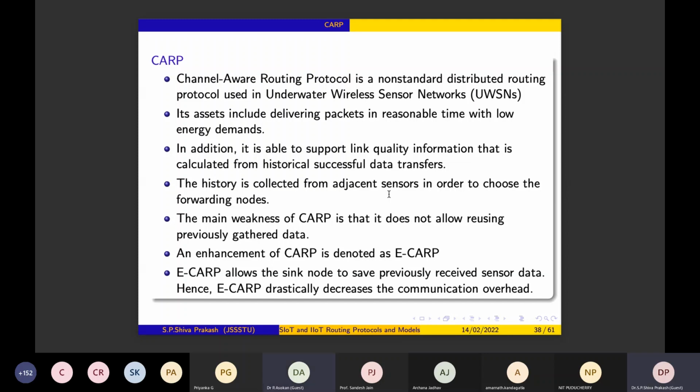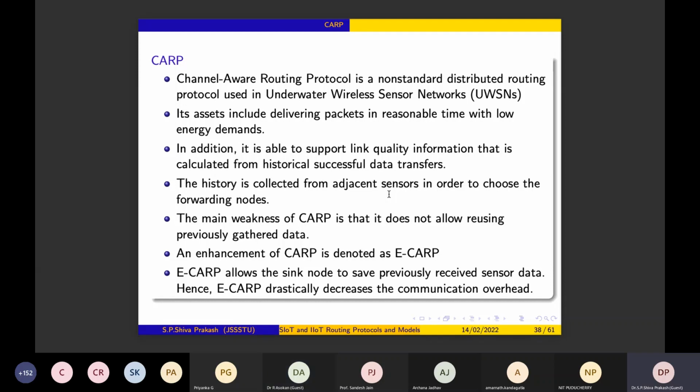The history is collected from adjacent sensors in order to choose the forwarding nodes. The main weakness of CARP is that it does not allow reusing previously generated data. And the enhanced version of this is eCARP. It allows the sink node to save previously received sensor data.